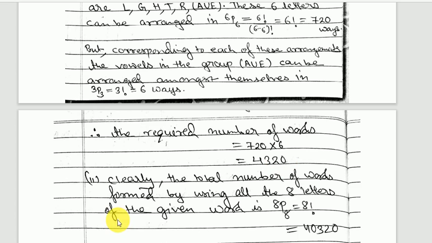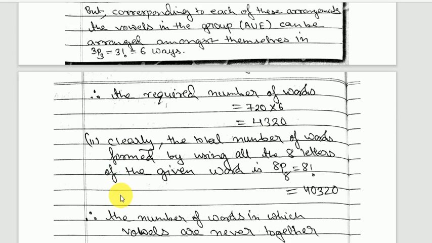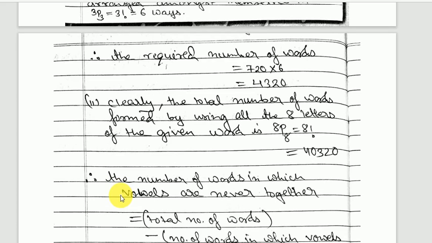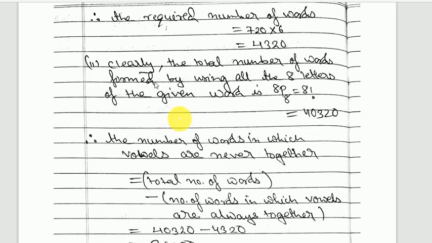Now next we have to find in how many arrangements vowels will never be together. So clearly the total number of words formed by using all the 8 letters of the given word is 8P8. If we do not have any conditions regarding the vowels, then the total number of arrangements that we can have using those 8 letters will be given by this 8P8, that would be 40,320.